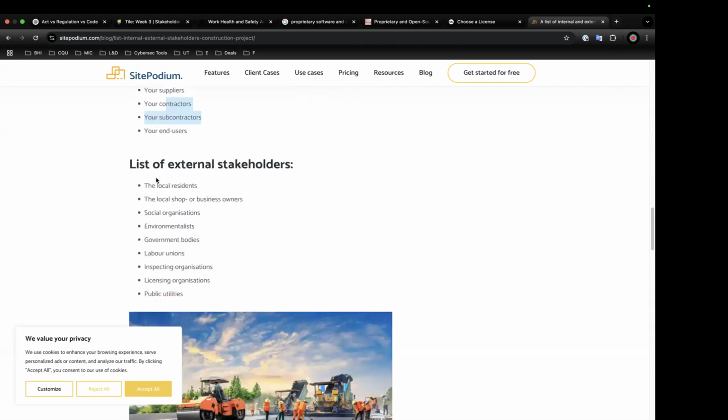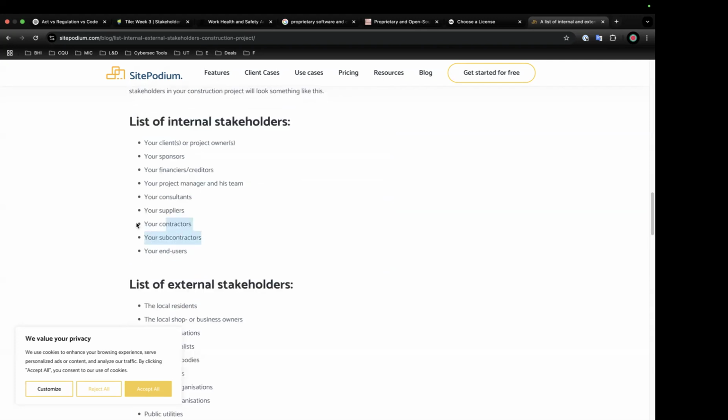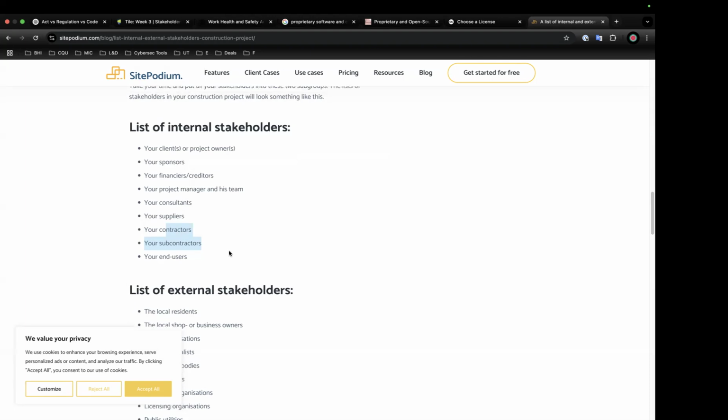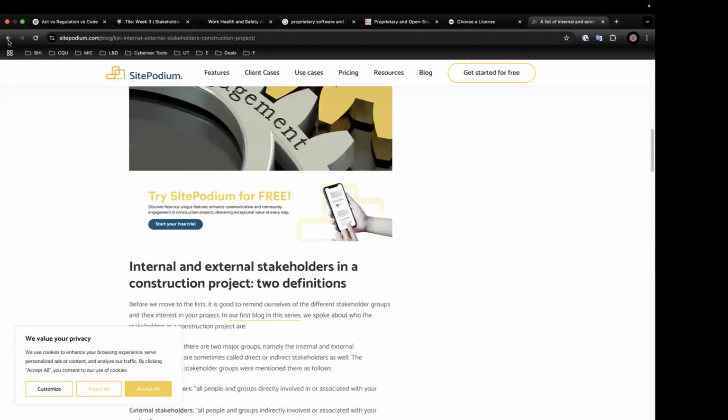External would be people that aren't really involved in your organization or have an influence in terms of what your organization is doing. Even though it's a tough one because they're not there all the time, for now you can just say internal for these ones. This site says it as well.